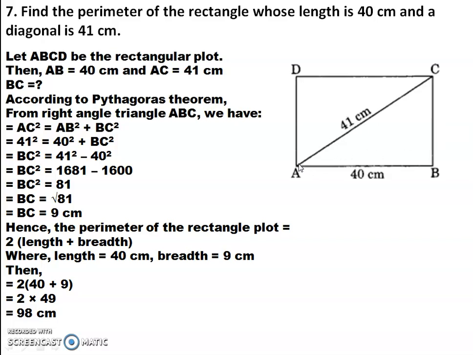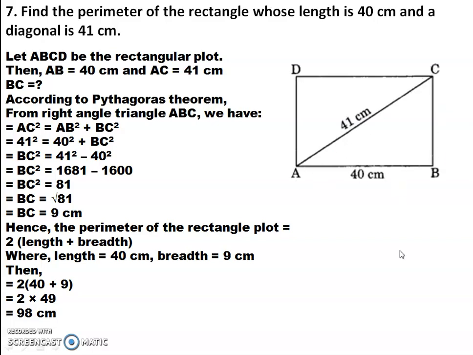Now, listen children. Can you see a right-angled triangle here? A, B, C. Yes, this is a right-angled triangle. Why? Because angle B is 90 degree. So, triangle A, B, C is a right-angled triangle.